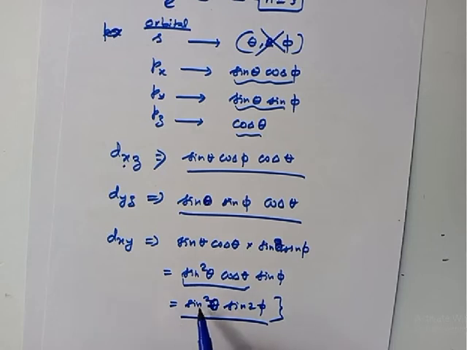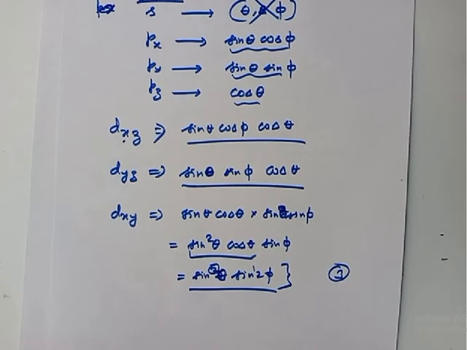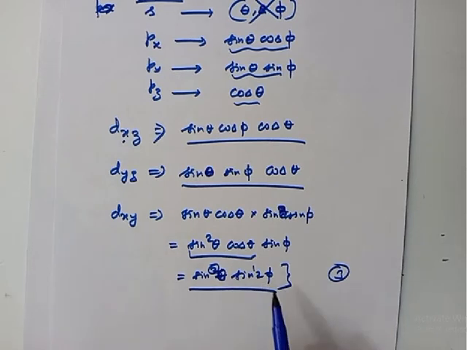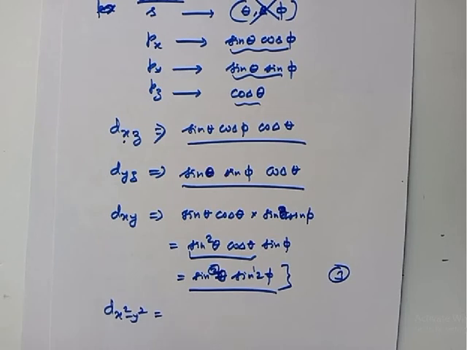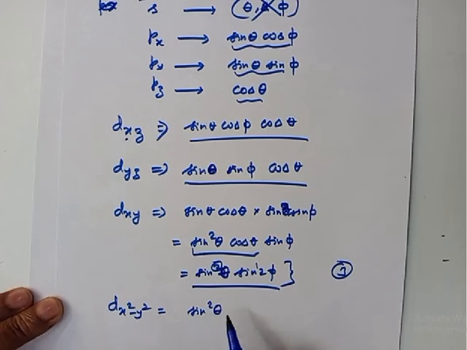Sin square is order 2 and sin power 1 gives a total order of 3. For any d orbital there should be 3 angular functions. So for dxy we will have sin 2 phi. For dx square minus y square, you will have this formula: sin square theta cos 2 phi.